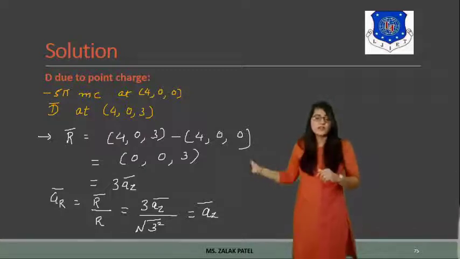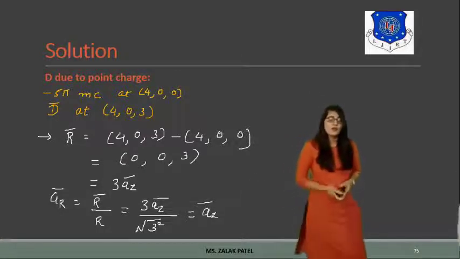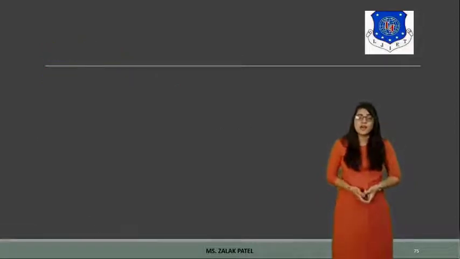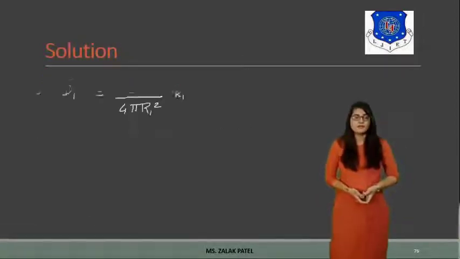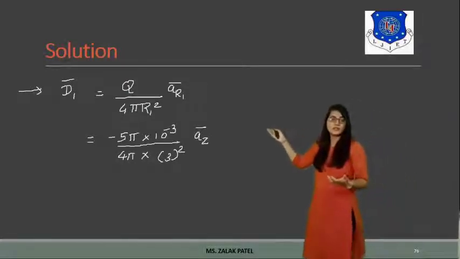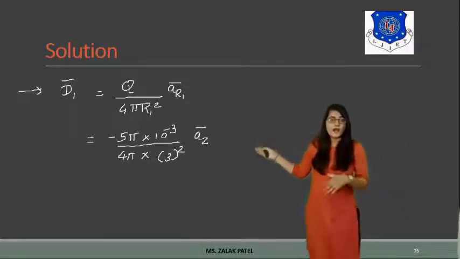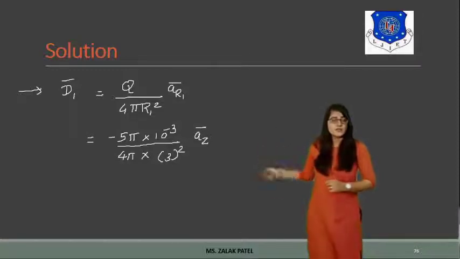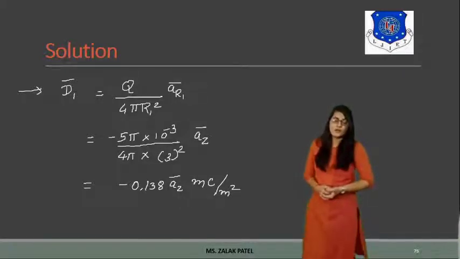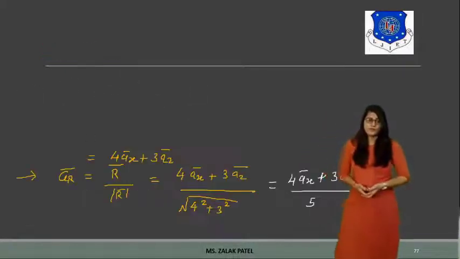Now we have r bar and aR bar, so let's put them in the equation: −5π millicoulomb over 4π times 3 squared, into az bar. So our flux density is −0.138 az bar millicoulomb per meter square.